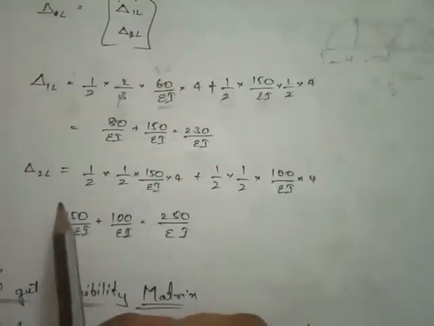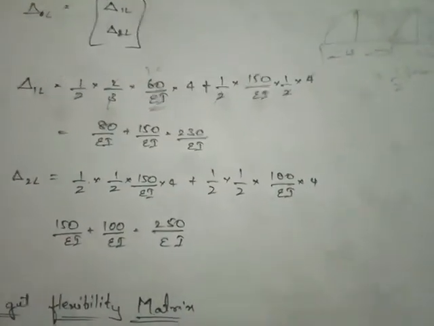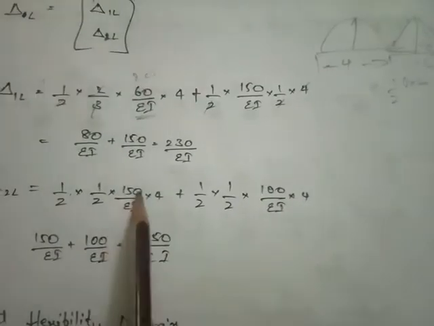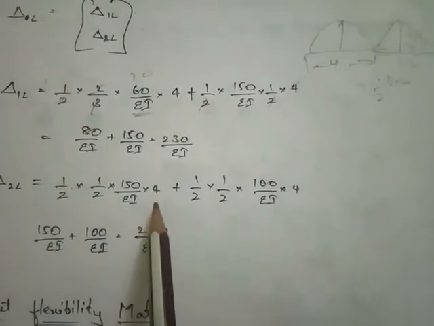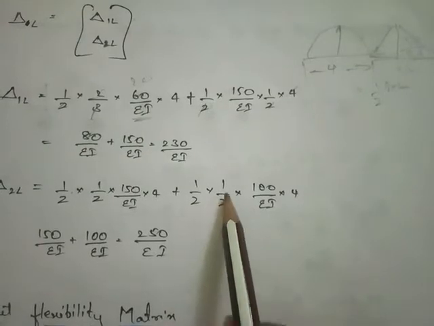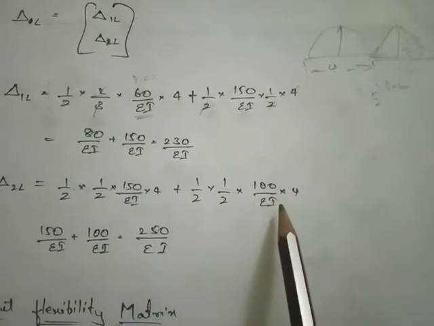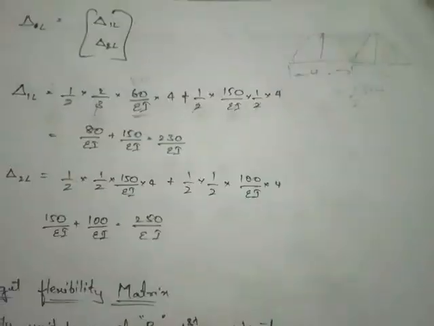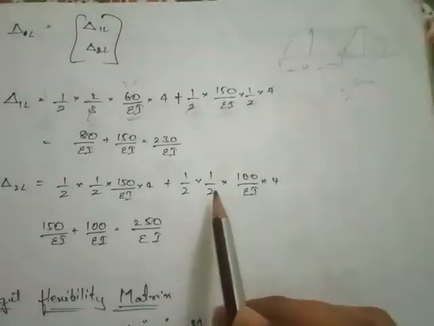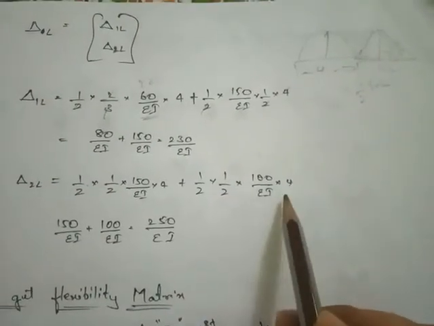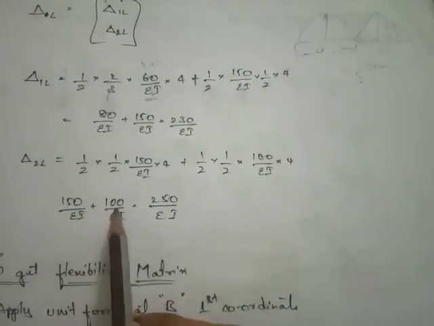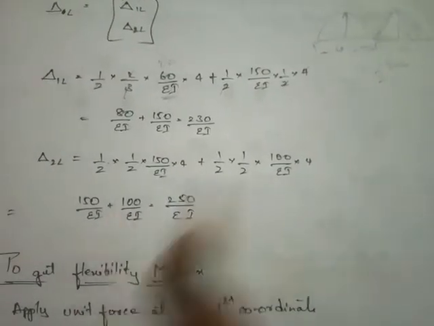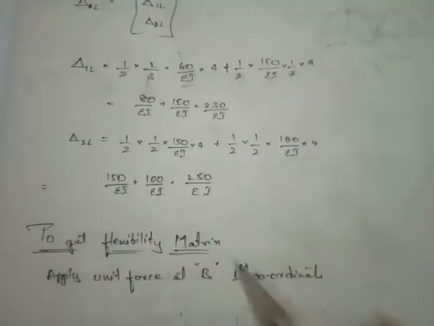Next, if you go for the delta 2L matrix, that is 1 by 2 into 1 by 2 of 150 by EI into 4 plus 1 by 2 into 1 by 2 into 100 by EI into 4. That is 150 by EI plus 100 by EI, which is 250 by EI. Now we have formed the delta L matrix.